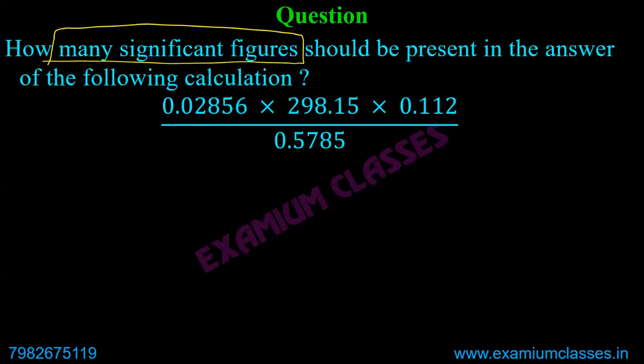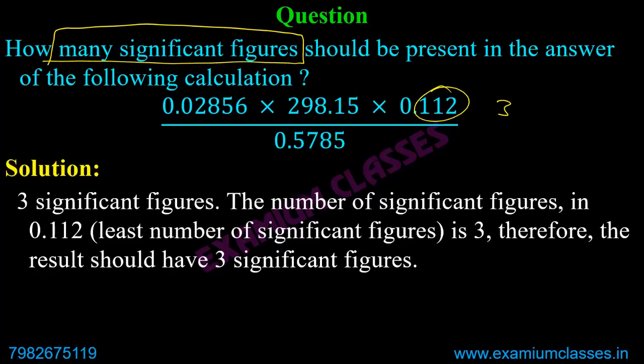Because this is a multiplication division question, and the minimum number of significant figures is here. Only three. Because this zero is towards the left, it will not be considered. Three significant figures will be there in the answer. So I'm just simply applying the rules. It means you need to remember the rules.